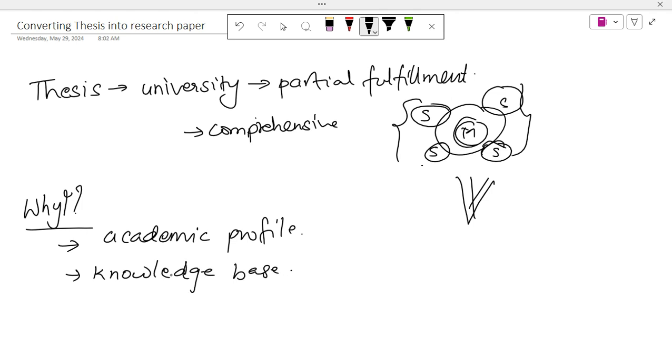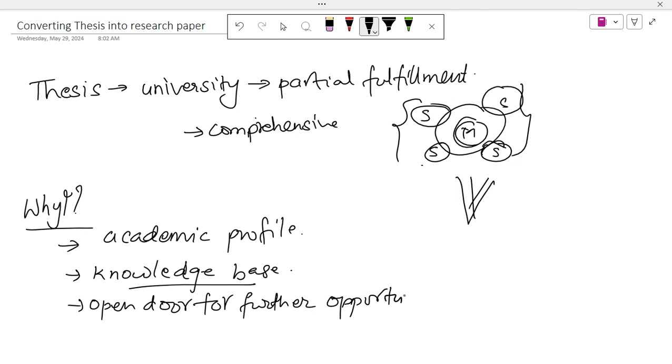So you are contributing to the knowledge base, and it will open doors for further opportunities as well as collaboration. Hence you need to convert your thesis into a research paper, and I'll show you how to do this.